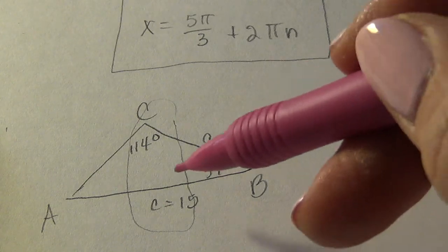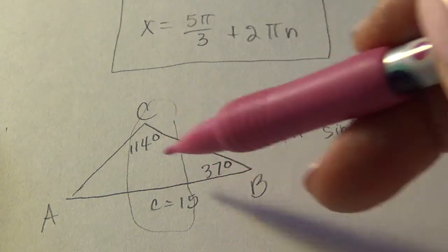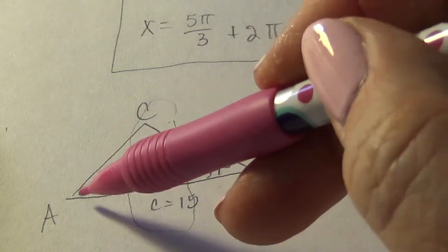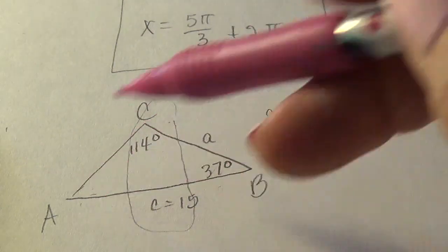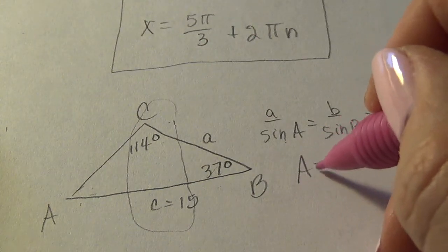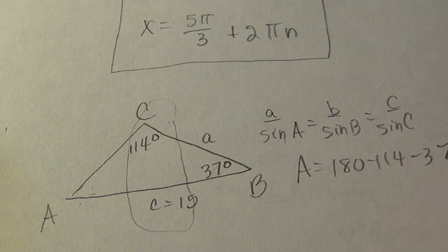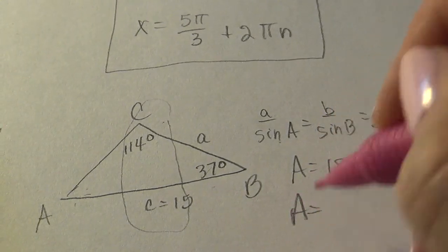So let's find this angle before we go into ratios. This angle A is going to be 180 minus 114 minus 37. So let me get what that is.